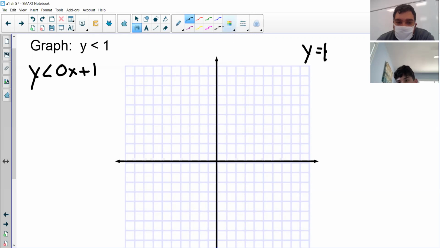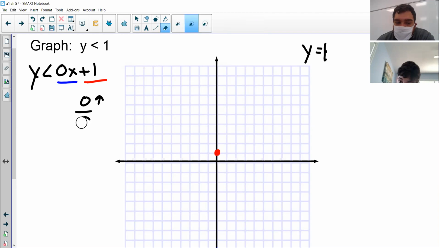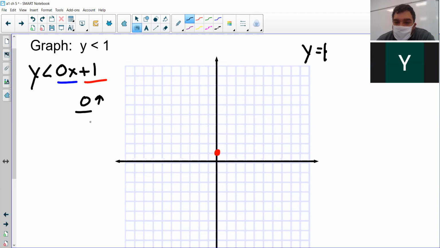So I have in this case a y-intercept. Let's see if I could graph this correctly. I think red and blue. So my y-intercept is 1, so 1 up. But my slope is 0. So that means I don't go up anything, but I can't have 0 on the bottom. Why can't I have 0 on the bottom? Because then it's undefined.